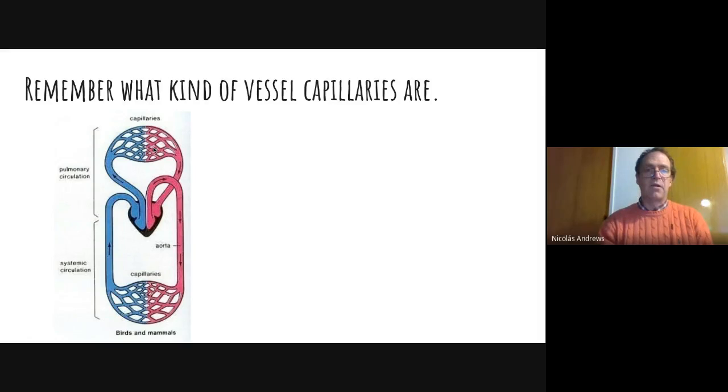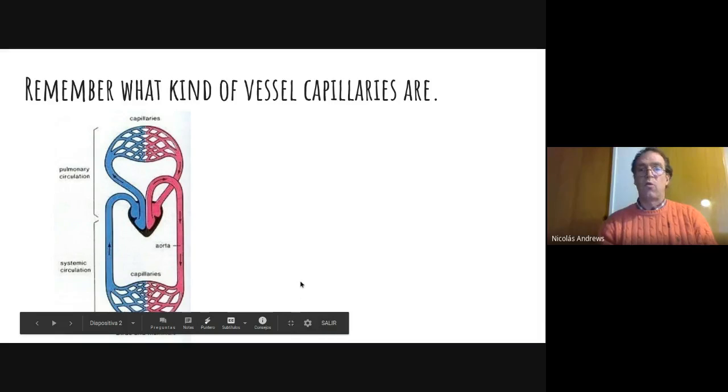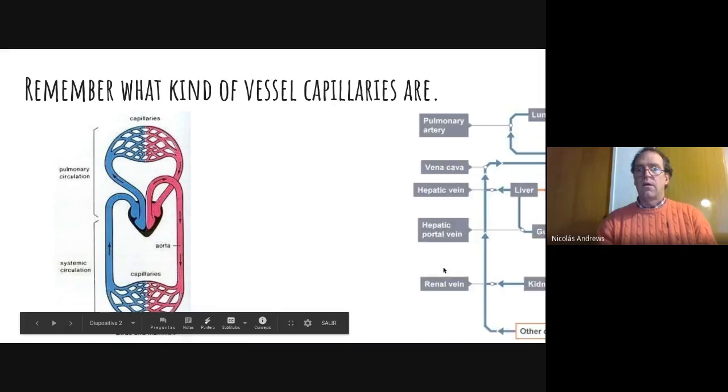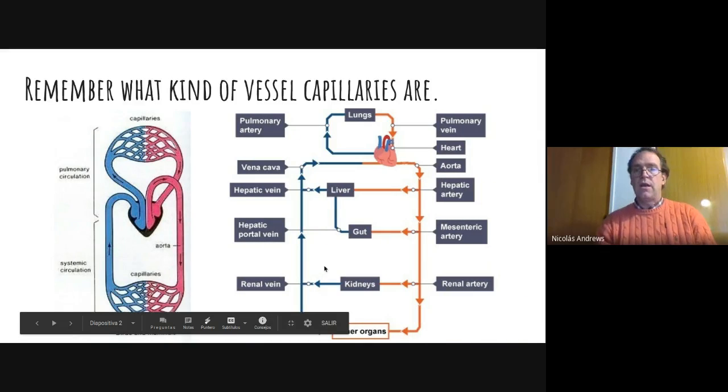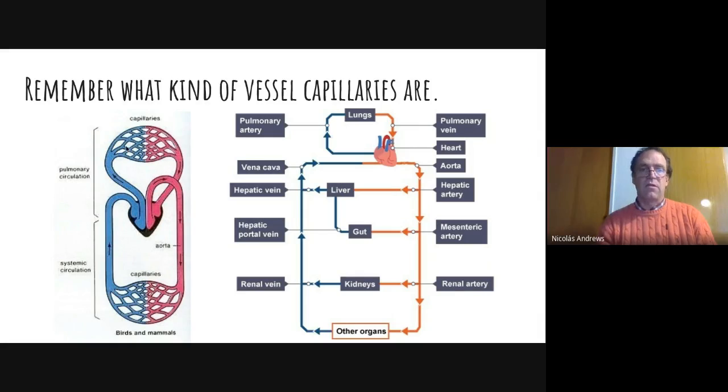So the capillaries are those tinier vessels, yes, through which blood circulates. Where? Well, basically in the organs. Okay, so this structure that you can see, that network that you see there, is present within the liver, inside the structure of the liver, right?